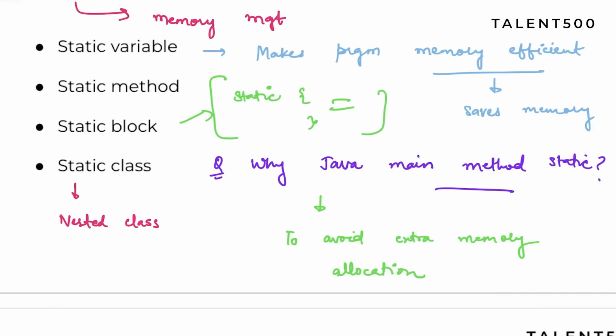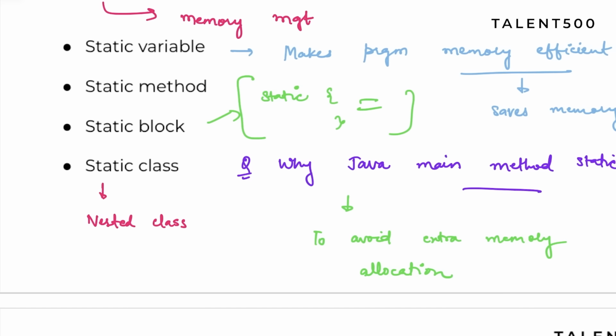Now, there is one more thing, that is your static class. What is a static class? Here I have mentioned, it is going to be your nested class. You will be using some nested class, and why are we doing it in that manner?